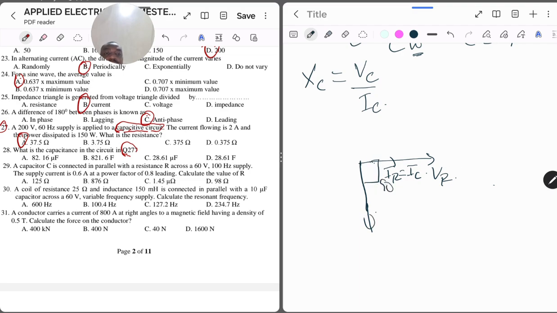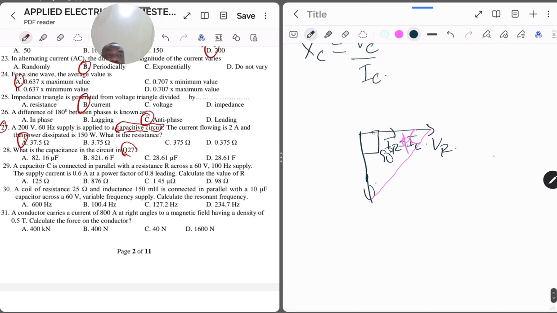So we have 90 degrees here. Once we've done this, you make a triangle of this nature and indicate the phase angle. Now I can label here VC, and here becomes our voltage supply V.